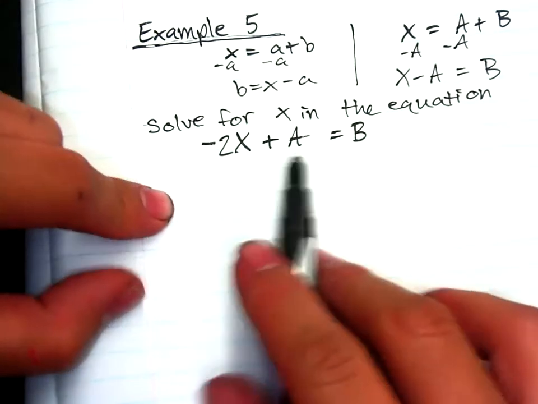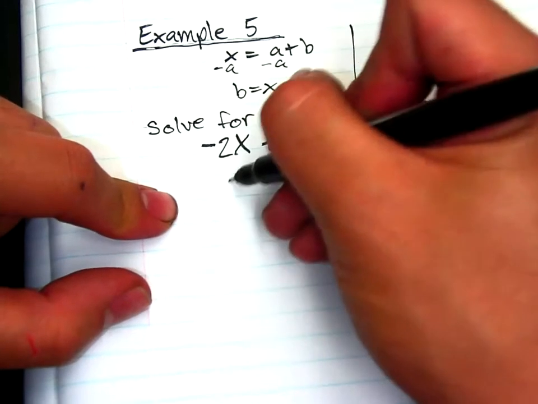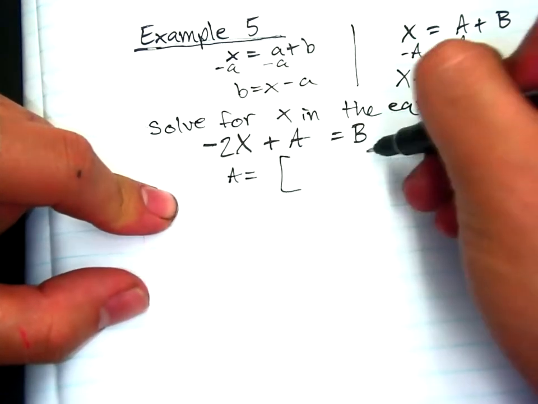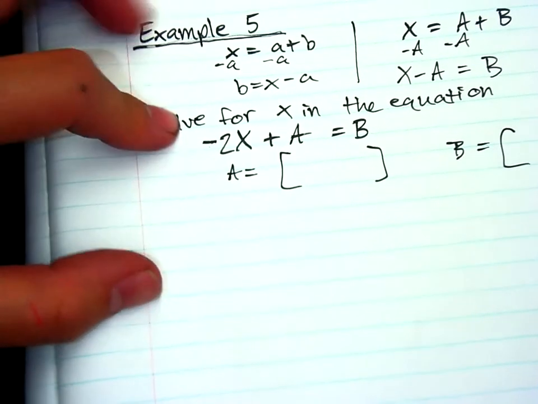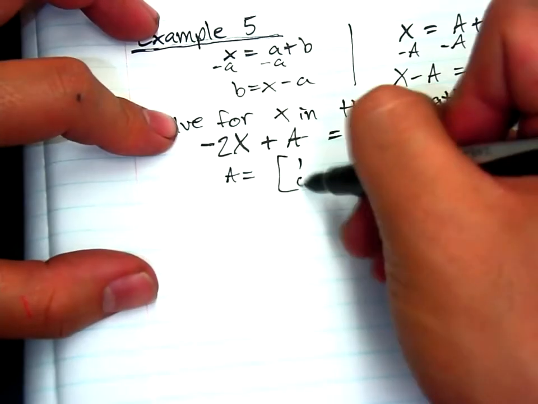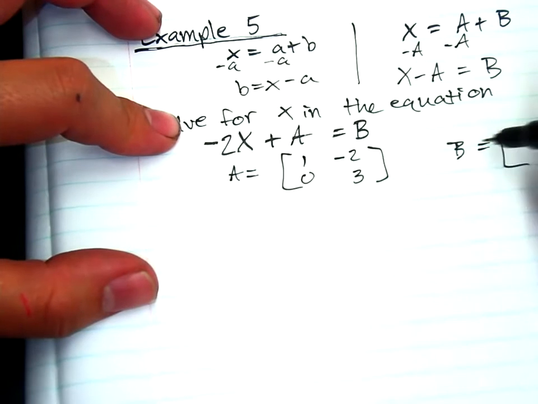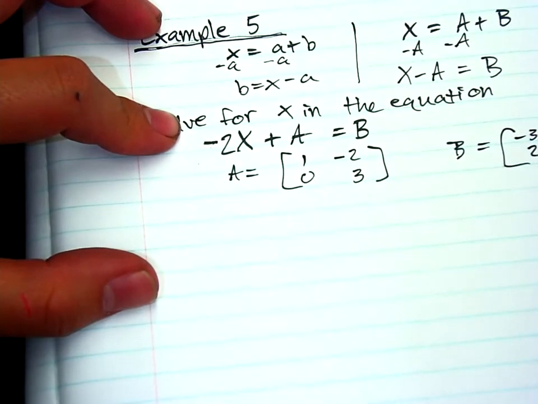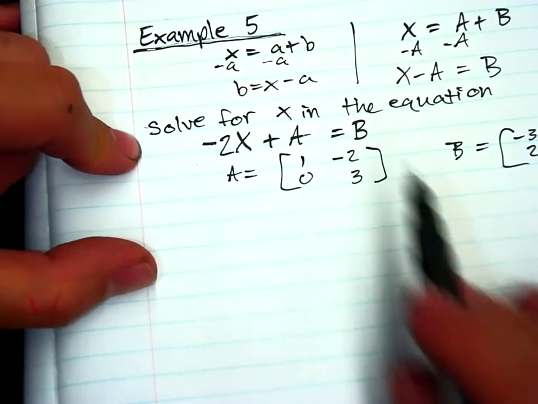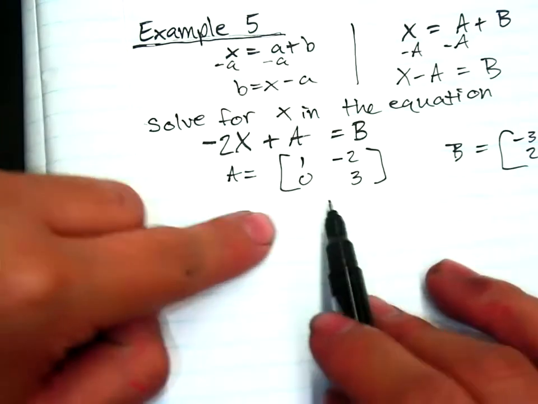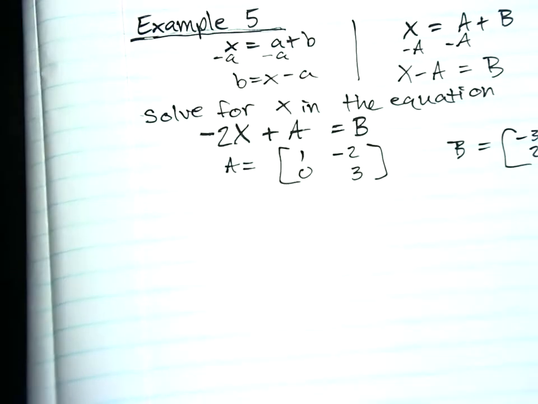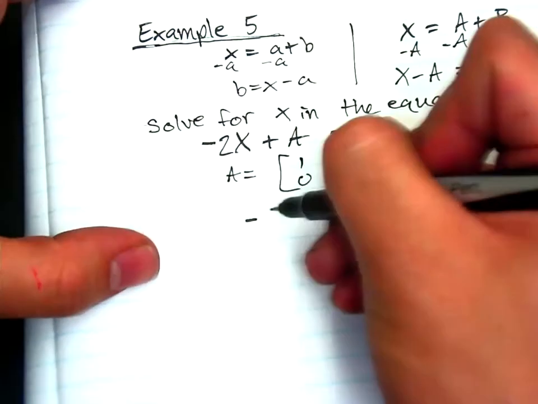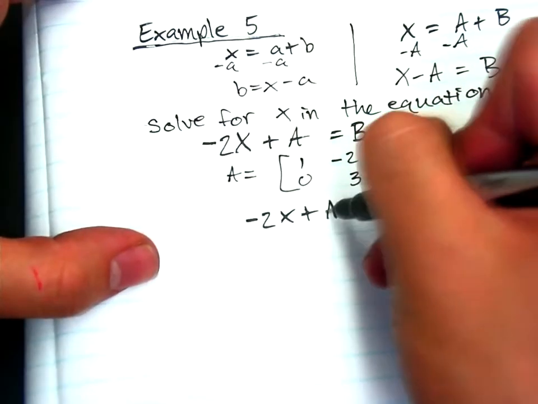And now what I'm going to do is also give you what A and B are, of course. Let's go ahead and keep it small this time. A is 1, 0, negative 2, 3. B is negative 3, 2, 4, and 1. Okay? So instead of substituting my matrices in right away, the goal is to isolate the variables, so I might as well do that. So negative 2X plus A equals B.